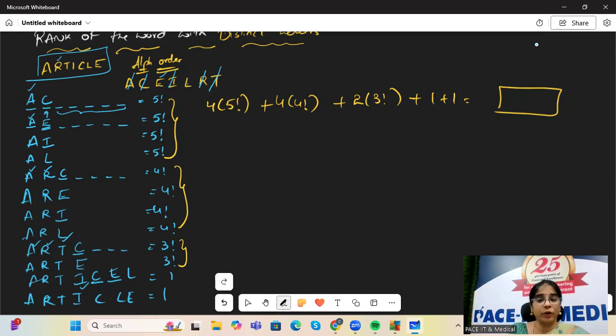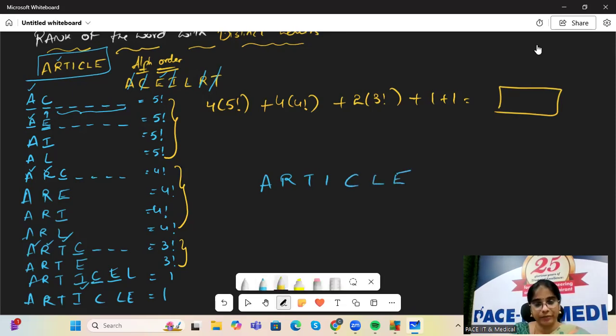So now coming for the same answer, but just one trick followed there, right? So first thing, you have to write ARTICLE is what you need to have, the letters of the word article. Now write its alphabetical order just above that.